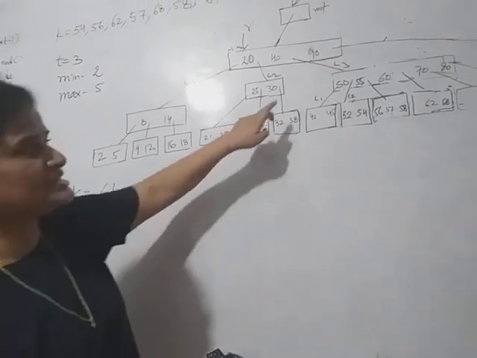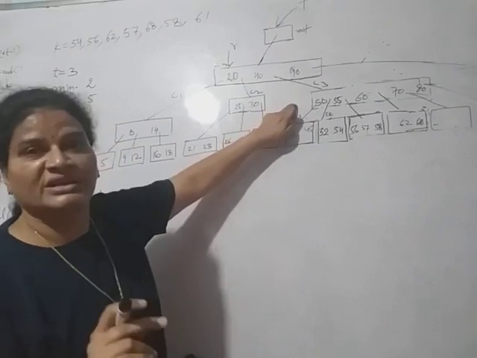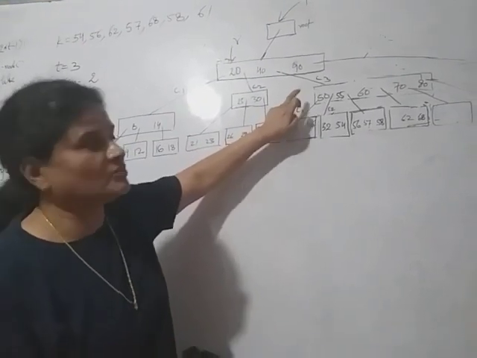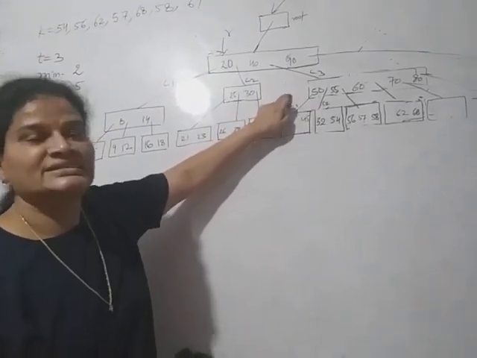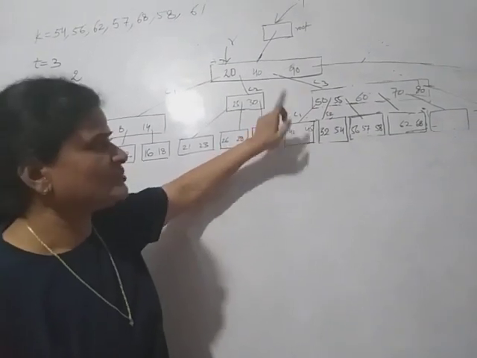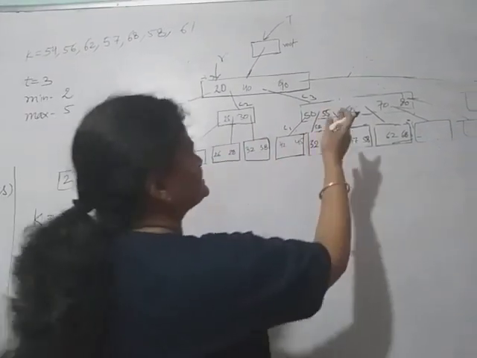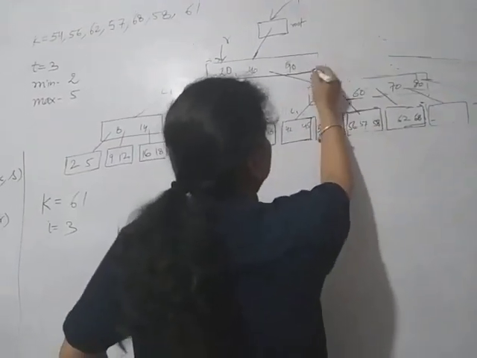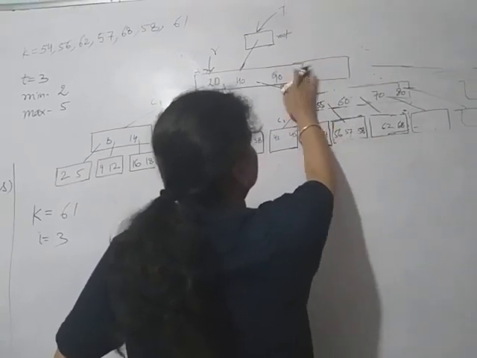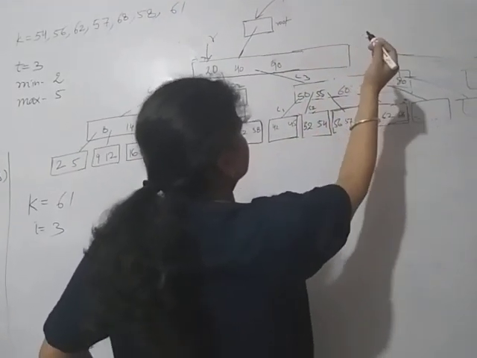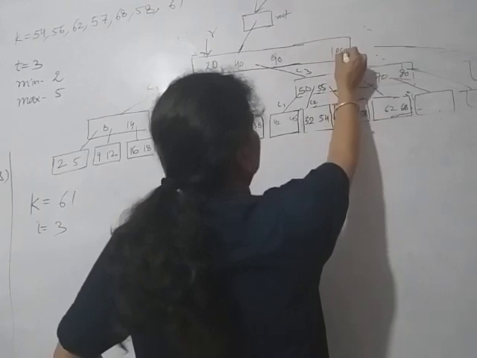Now this node here is full, so before moving down, this node will be split. Again the 60 will be shifted up.